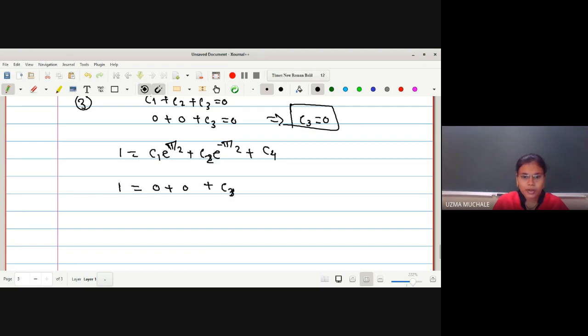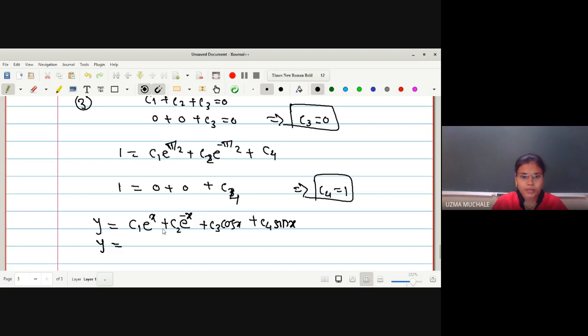So what is the value of C4 now? We can get C4 is equal to 1. Now all those values we have to put in our equation. What was our equation? We have obtained the solution C1 e raised to x plus C2 e raised to minus x plus C3 cos x plus C4 sin x. Right? Now we have to just put in the values of those terms.